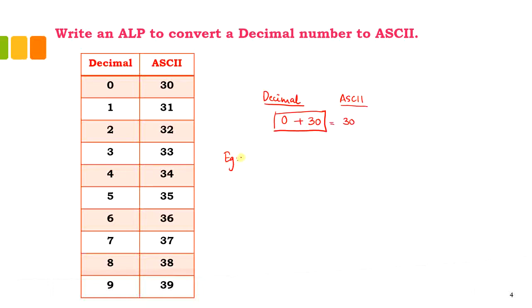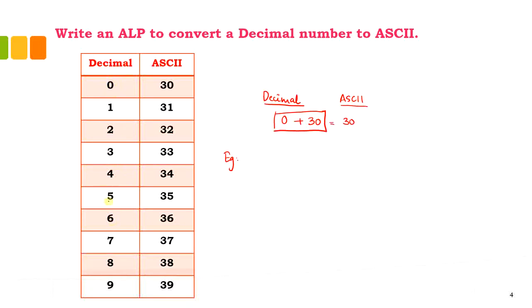Let me just consider an example here. Now you know that in the internal memory locations, we can store 8 bits of data. If you want to convert this 8-bit data from decimal to ASCII, it has to be a number between 0 to 9.